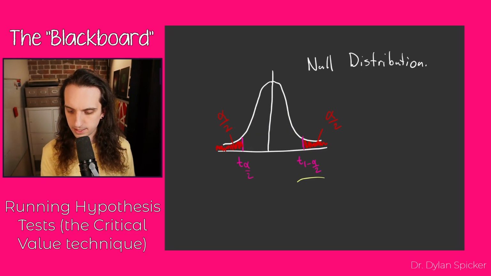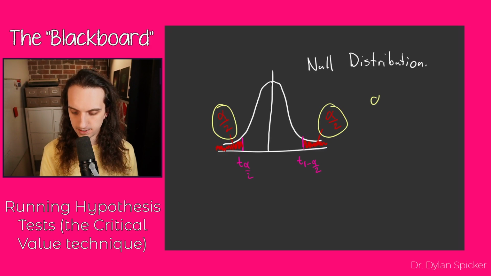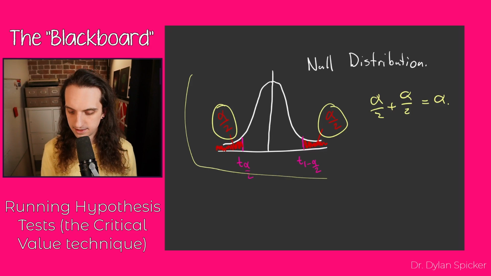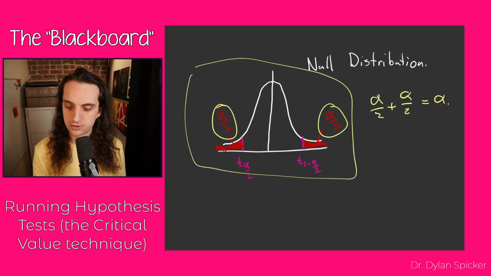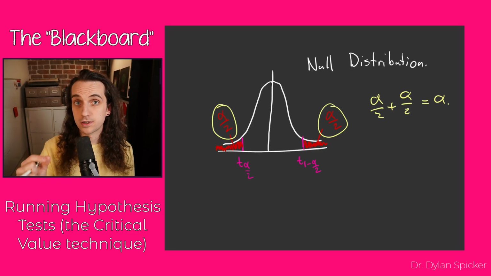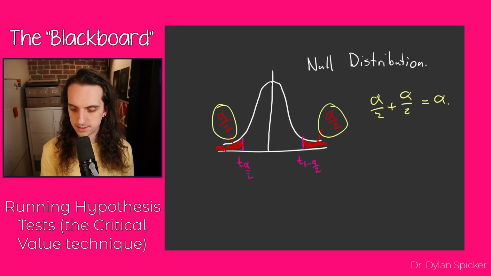So the probability that we observe anything in the highlighted region here is alpha over 2 plus alpha over 2, which is equal to alpha. According to this distribution, there is an alpha probability that we observe anything in the extremes of this distribution, okay? Now, this distribution is the distribution that occurs if the null hypothesis is true, right?